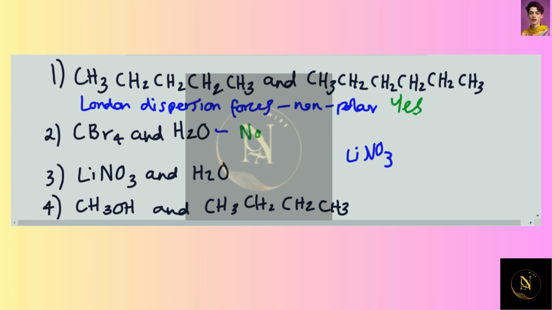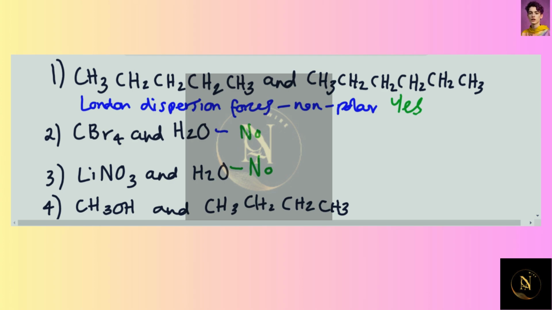What you should recognize immediately is that this is an ionic solid, so we cannot talk about intermolecular forces here. Ionic bonding is way stronger than hydrogen bonding, so they won't be able to combine together to form a homogeneous solution.